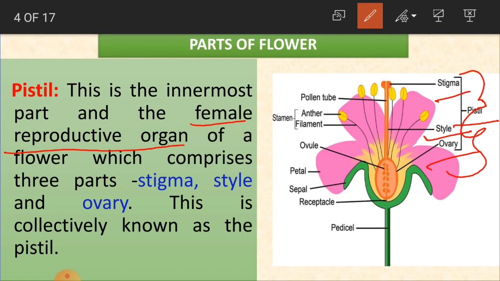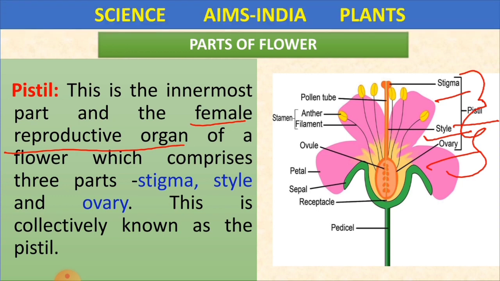This pistil is the female reproductive organ which helps in giving birth to other plants. Understood, children? See, this has three parts, as we said earlier: stigma, style and ovary. These three together are called pistil. Pistil consists of three parts.